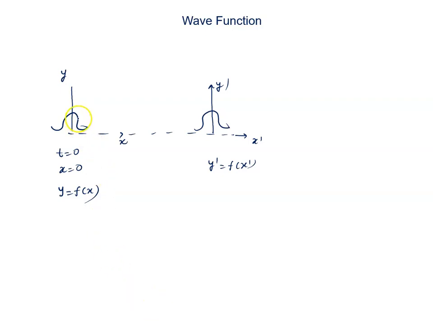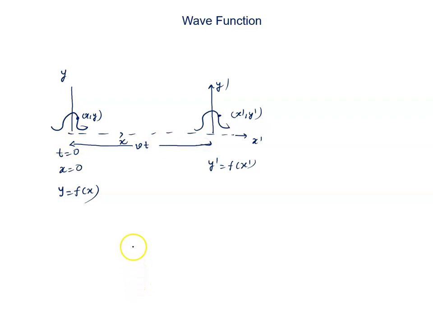It means if I take any point, and this point has the coordinate x comma y, then with respect to this reference frame, this point must have the coordinate x dash comma y dash. And if the wave speed is v, then in time t, the distance travelled from this point to this point is vt, like this.